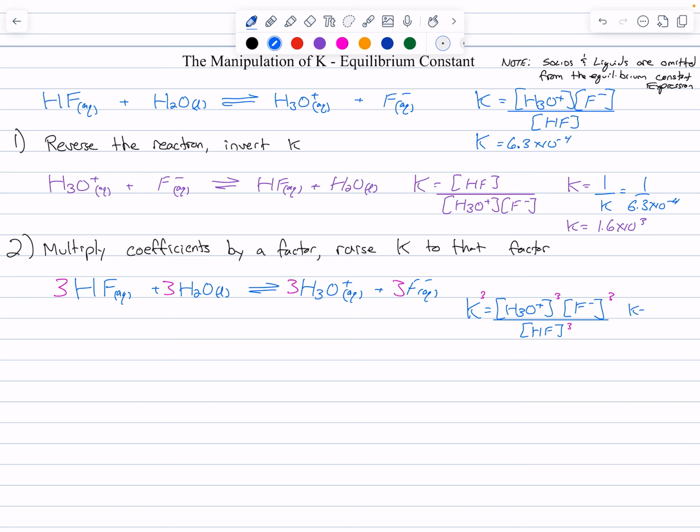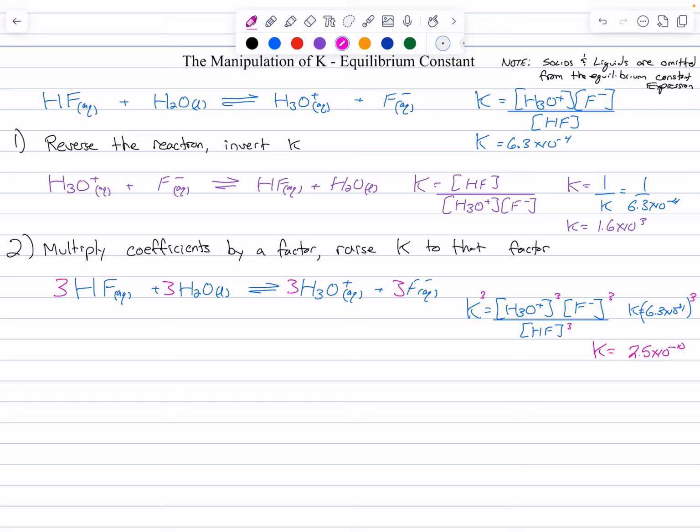So K equals 6.3 times 10 to the negative 4, to the third power. I would have 2.5 times 10 to the negative 10th in this case. All right?